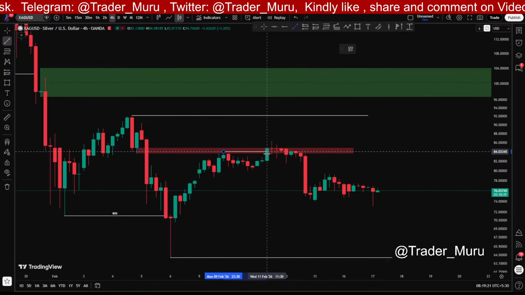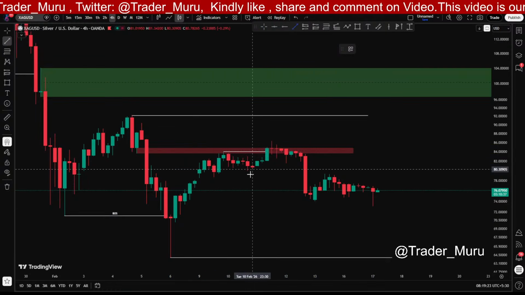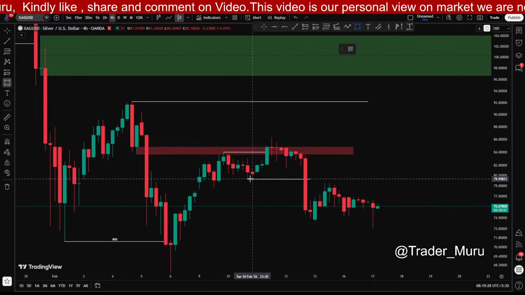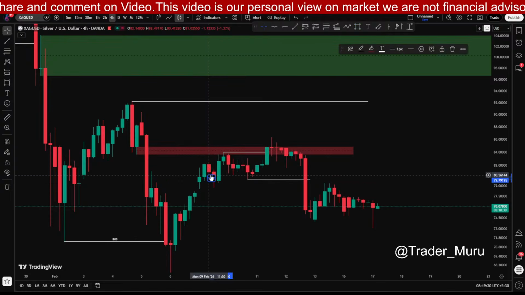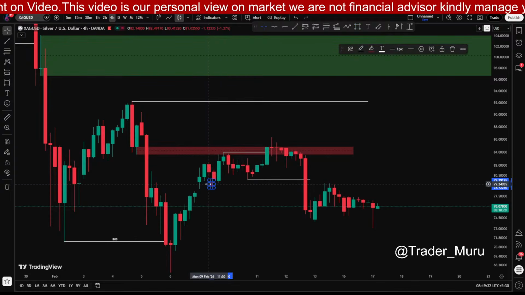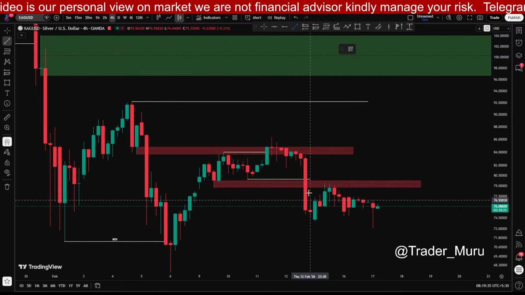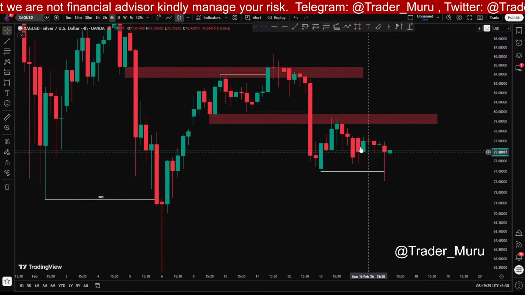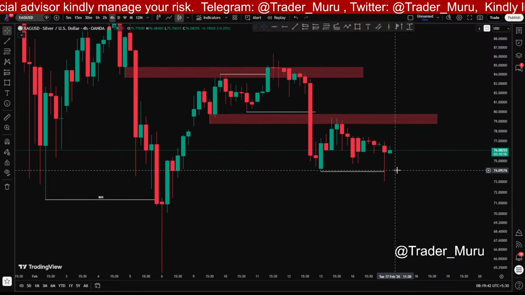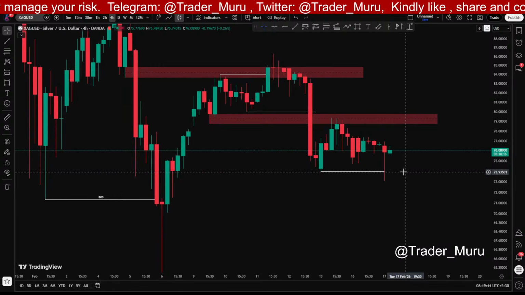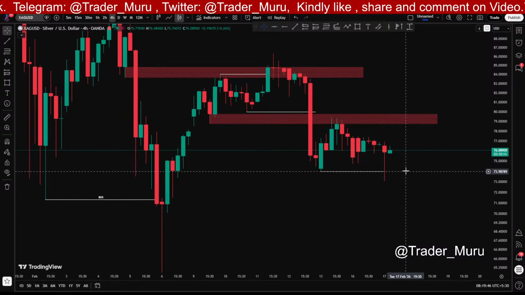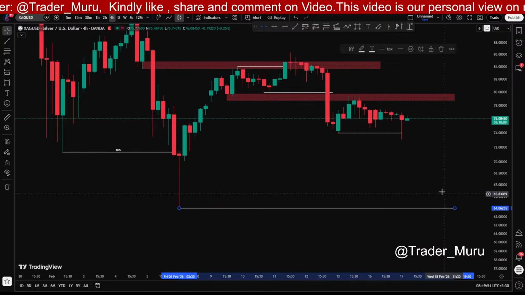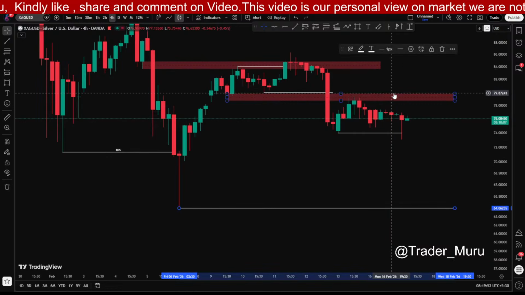Then we have a complete change of character. After that, supply area test, and this target is done. So price will range here and close the candle below this, then it will retest and drop to this low. If it pumps, then I will be shorting from this red zone.